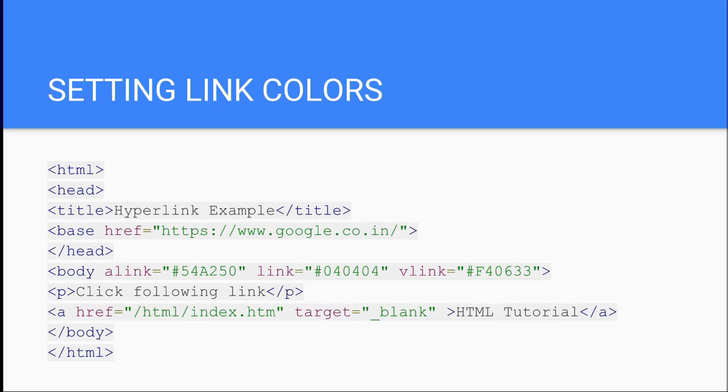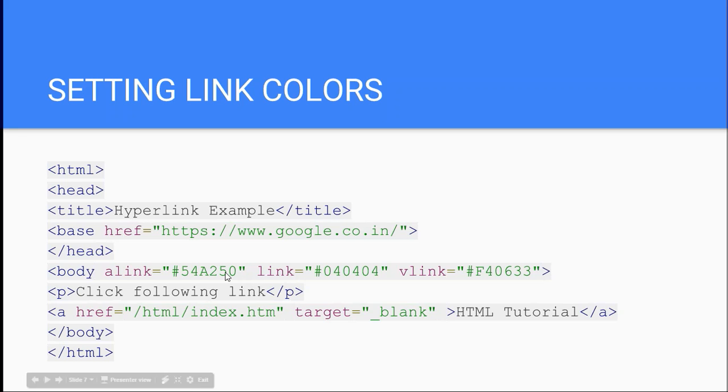When you look at this code, we have a base, and in the base we have a link called google.co.in. In the body, we mentioned a color for the active link, and link has a different color. Vlink has a different color, that is the visited link. The link has a different color, which means it's a normal link.